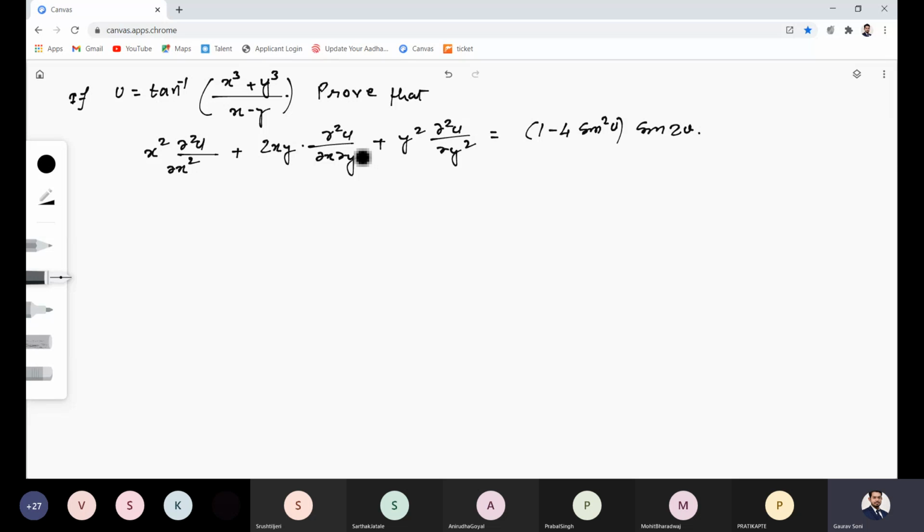Now, my first question is: is u homogeneous? No, sir. So u is not homogeneous, but we can make a proper change in this so that it will become homogeneous. So tan u is equal to x cube plus y cube upon x minus y.